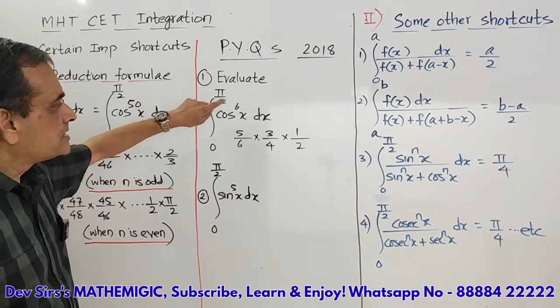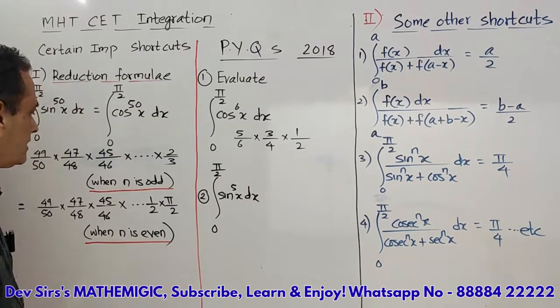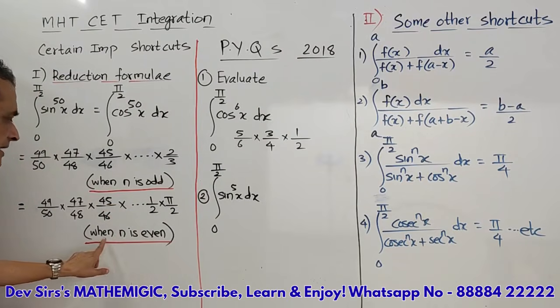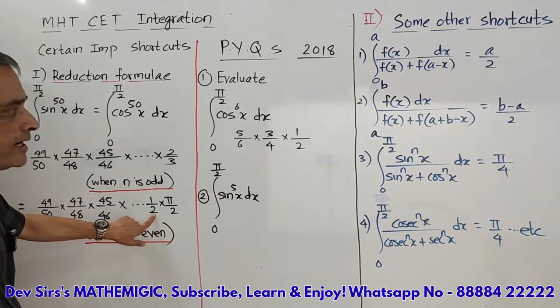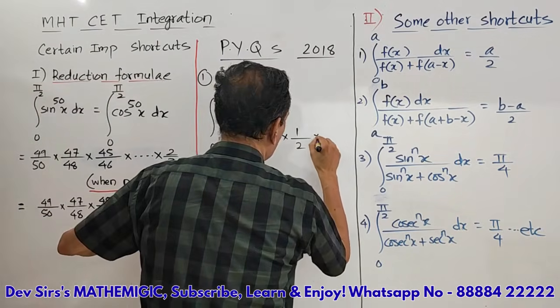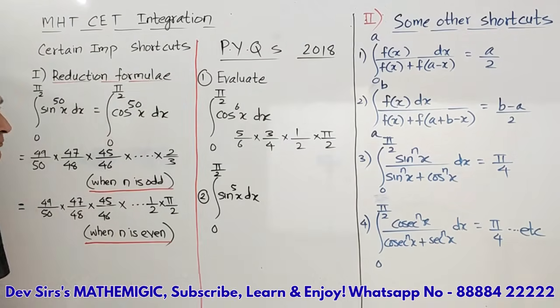So 6 is an even number. Automatically you get 1 by 2 when n is even. लेकिन उनको 1 by 2 आंसर चलता नहीं है. So whenever you get 1 by 2, you have to multiply pi by 2. Simple है ना?